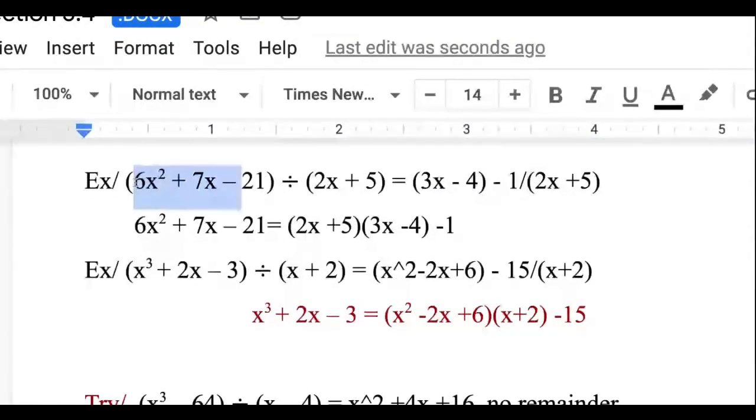So let's see this example. This example is 6x squared plus 7x minus 21, the dividend or the numerator, divided by a linear polynomial, which is 2x plus 5, which is the divisor or the denominator. If we do that, we get the quotient to be 3x minus 4. Then the remainder is negative 1.